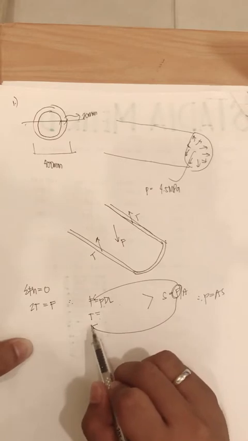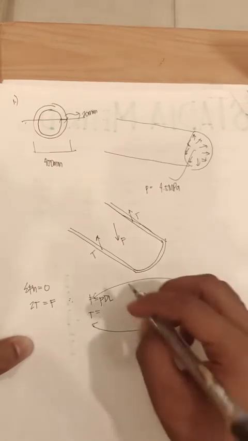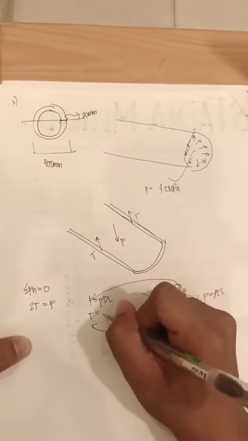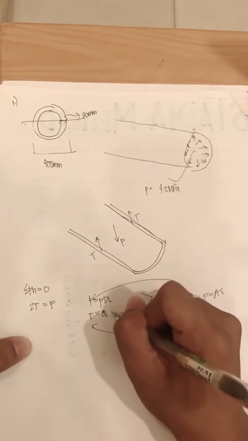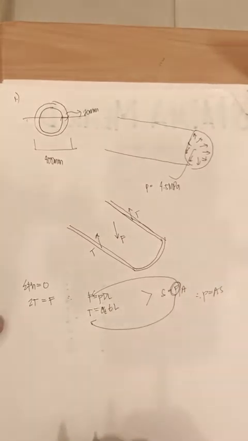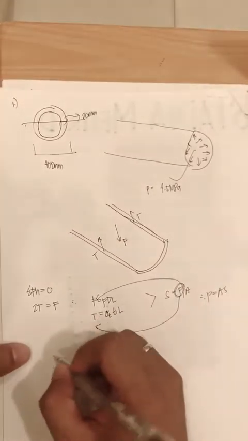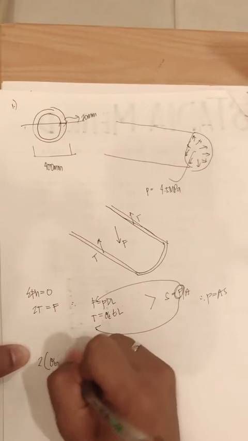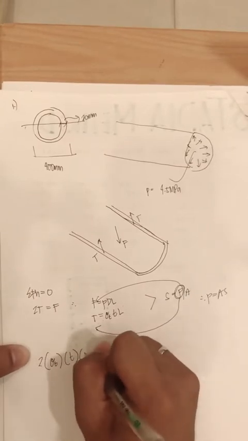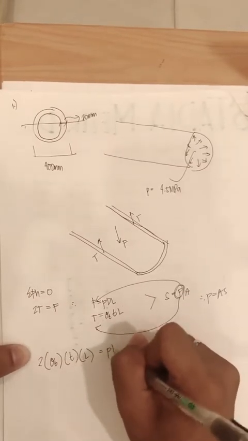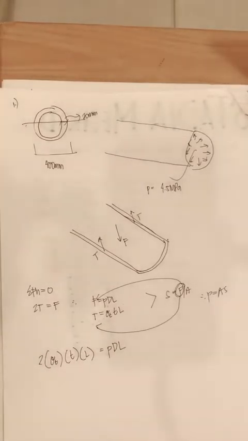For T, the stress of the tank times thickness times length. So, 2 times stress T times t times L is equivalent to P times D times L.